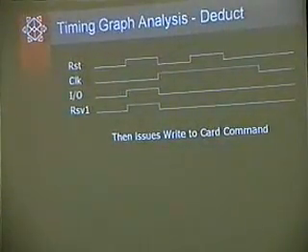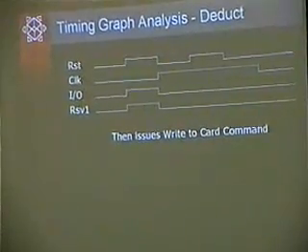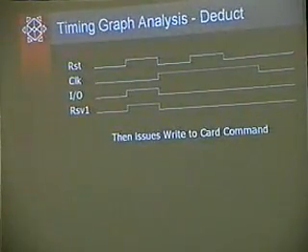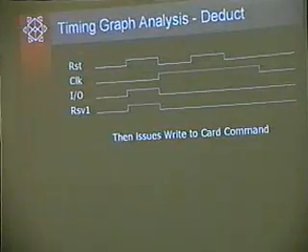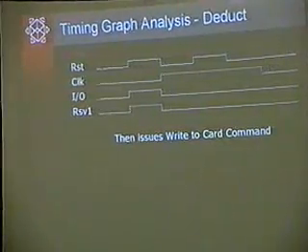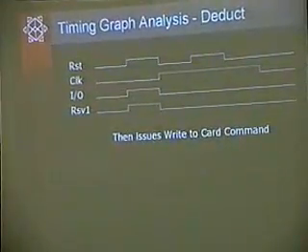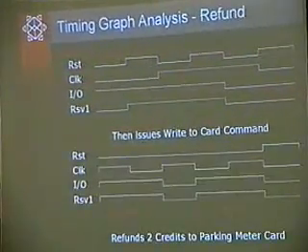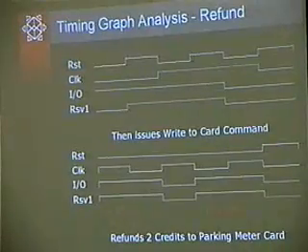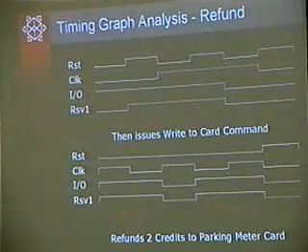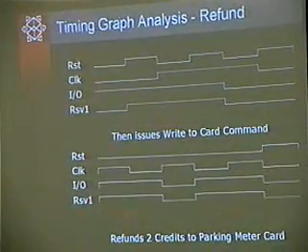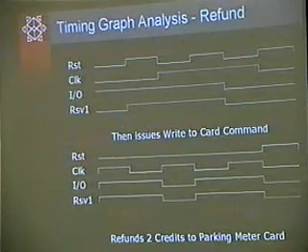But for deduct, it ends up having this sort of pattern to it, and it resets a couple times. And it actually uses one of the reserved lines to do this, so you have to account for that when you're emulating it or whatever, or tapping it. And for a refund, it ends up doing something like this, and so you can do the same thing to the card to refund a bunch of bits if you want.